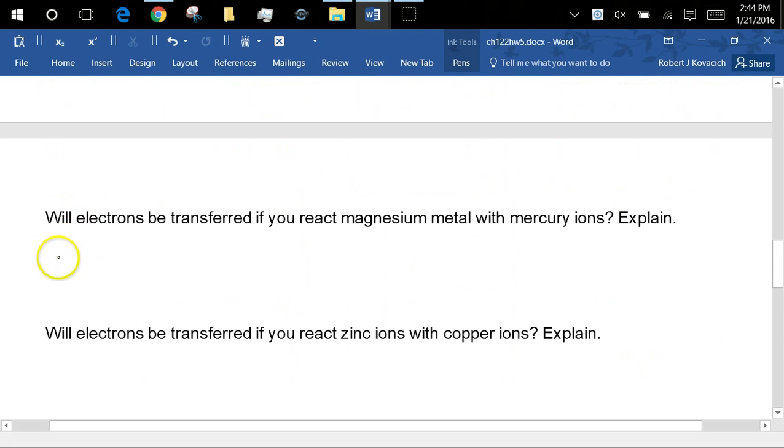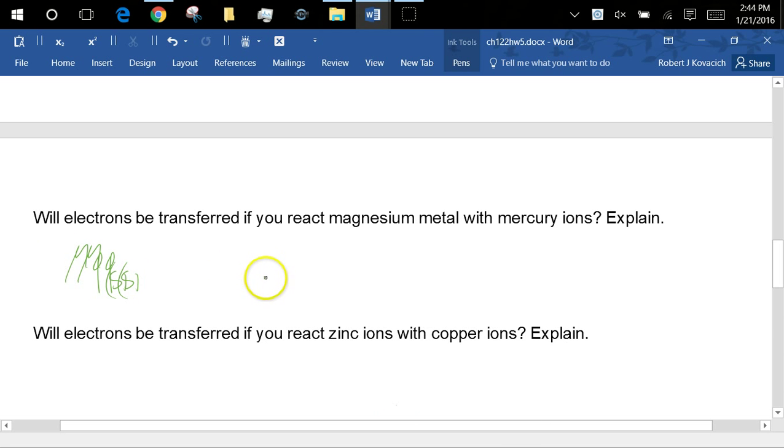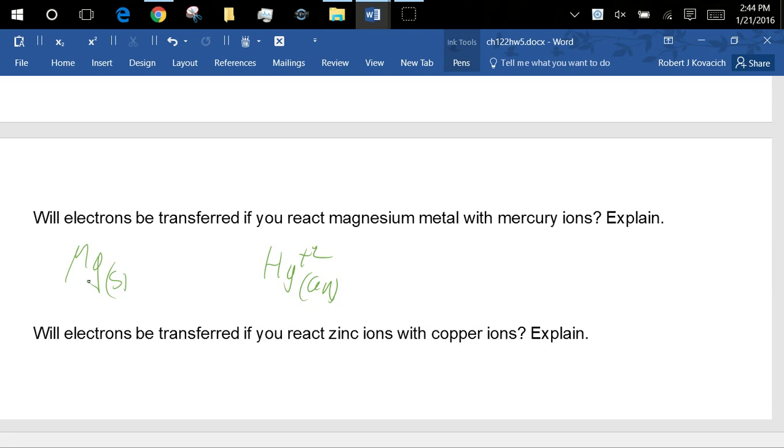Will electrons be transferred if you have magnesium metal and mercury ions? Is something going to happen here? How do you know that? How can you answer this question?